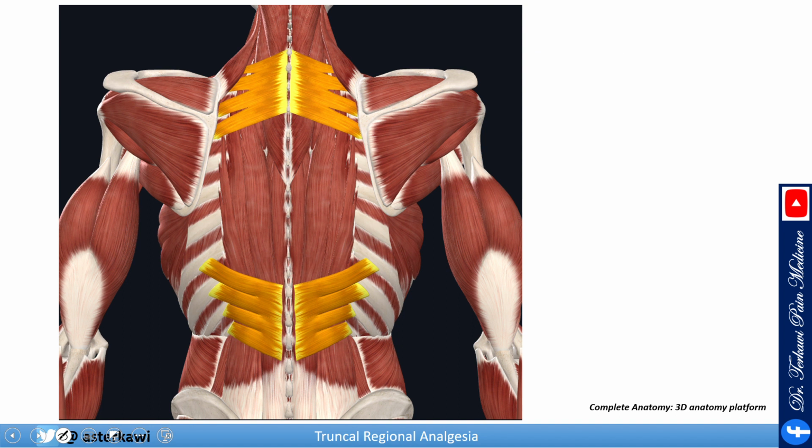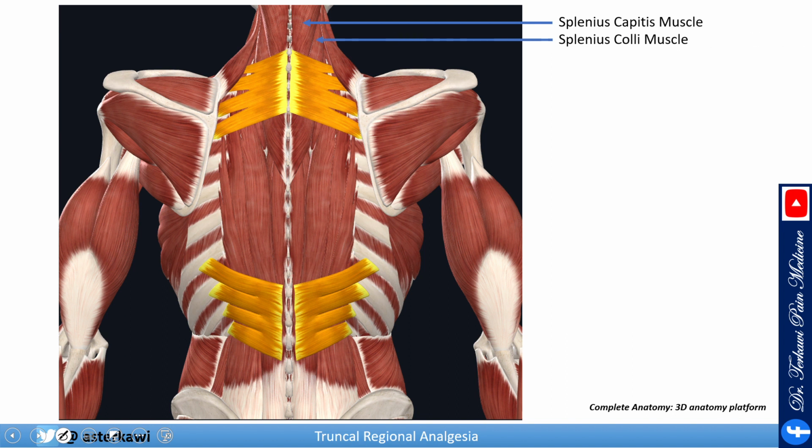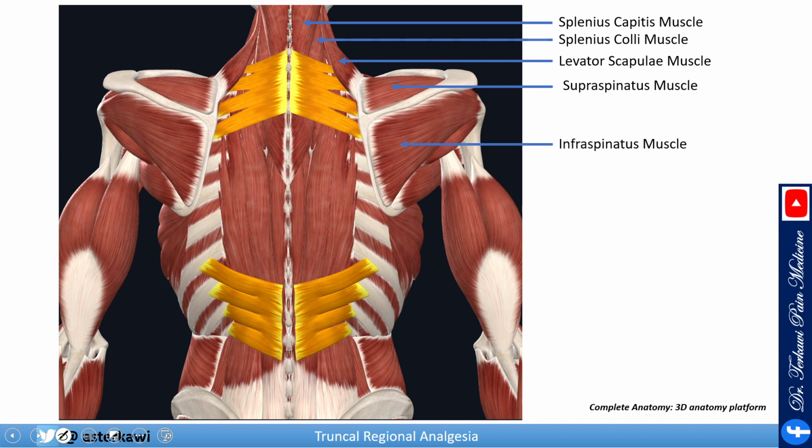Above that, we have a bunch of muscles, but let's start from the top. This is again the same plane. So we have splenius capitis muscle, splenius colli muscle, and levator scapulae muscle, supraspinatus and infraspinatus, that's the rotator cuff muscle.